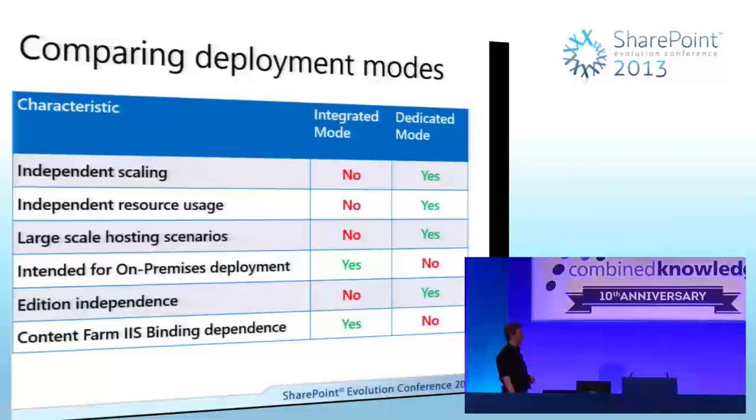And the other difference is that in integrated mode, we're tightly coupled with the configuration of IIS on the web servers, whereas in dedicated mode, we don't have that kind of dependency. But for the vast majority of customers, they're going to be using integrated mode. There's actually only 3 customer deployments that I'm aware of that are suitable for dedicated mode today, that I've heard about or worked with.